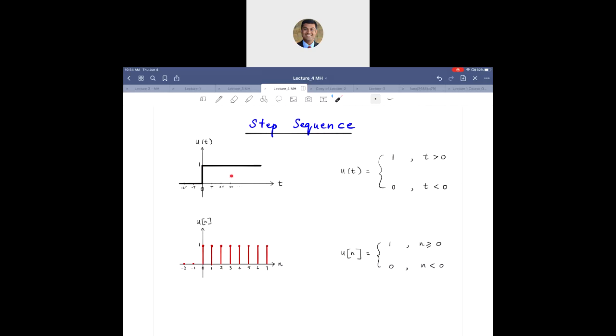Now, if I pick out the samples evaluated at T, 2T, 3T, and so on, and negative T, negative 2T, and so on, I will get a sequence of numbers. What are those numbers? 0, 0, 0, 0, so for all the times that are negative, you get a 0. And for all the times including 0 that are greater than or equal to 0, you get a 1.